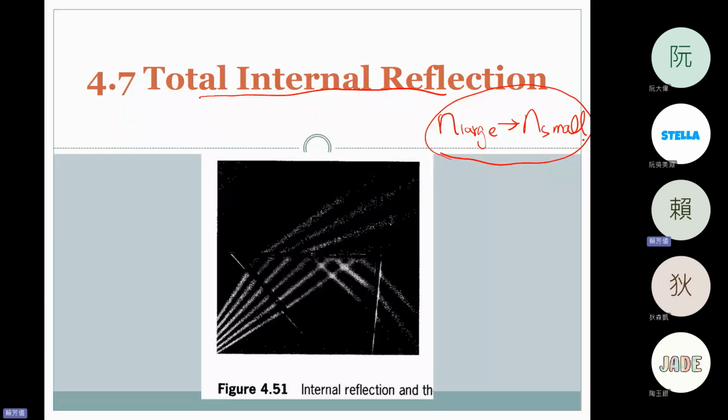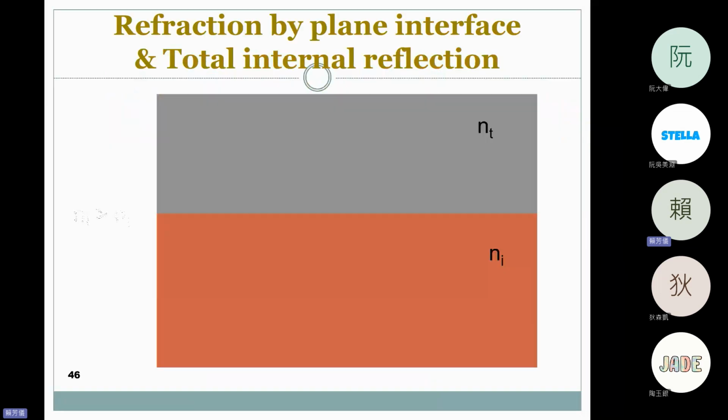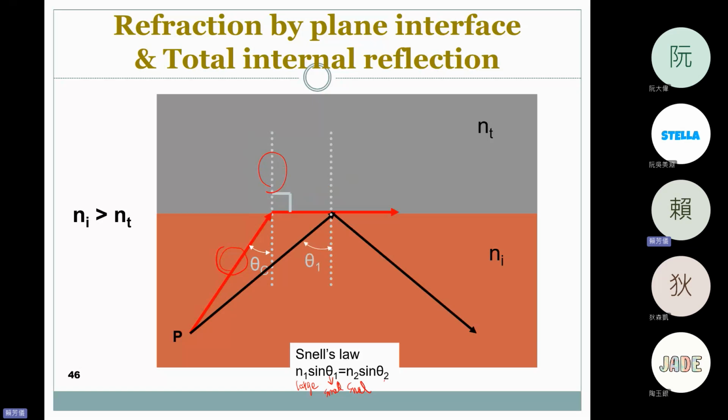Okay, so here we can see that Snell's law tells us that because n1 is large and n2 is small, theta 1 will be smaller than theta 2. So when we increase theta 1, theta 2 will also increase.